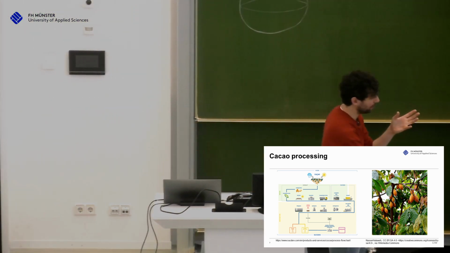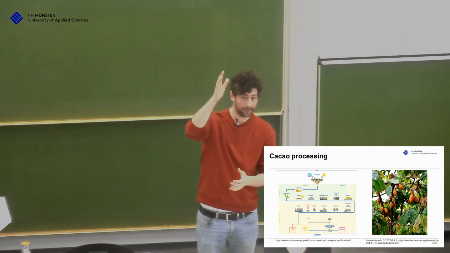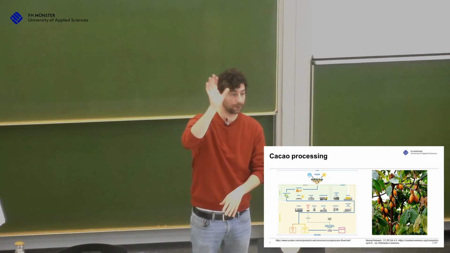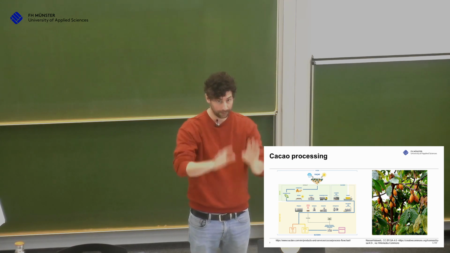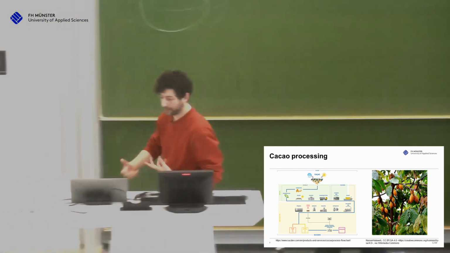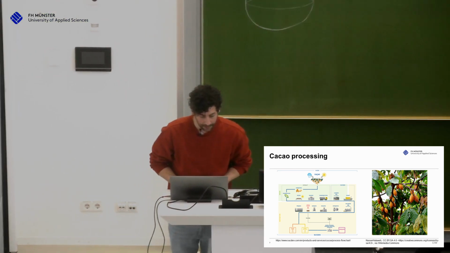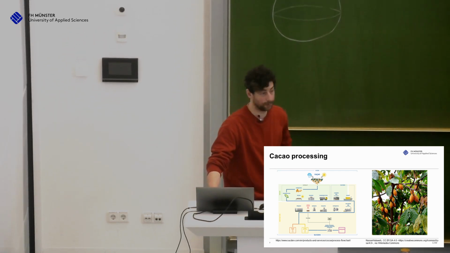So basically, you separate by density, right? You have an airstream, and the heavy particles fall down, and the light ones go with it. So if you crush, the heavy shell will fall down, and the rest will just go with the airstream, and that's a very simple separation process.